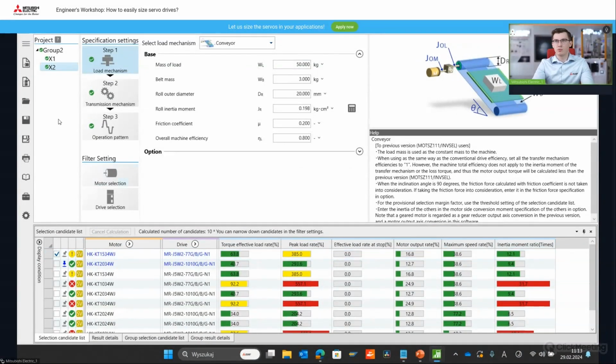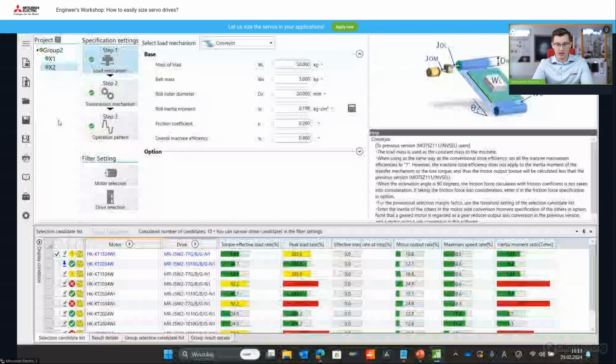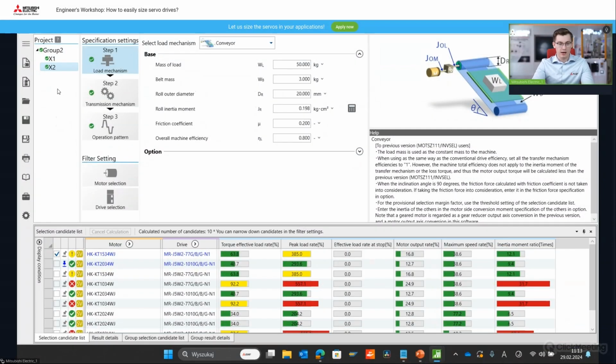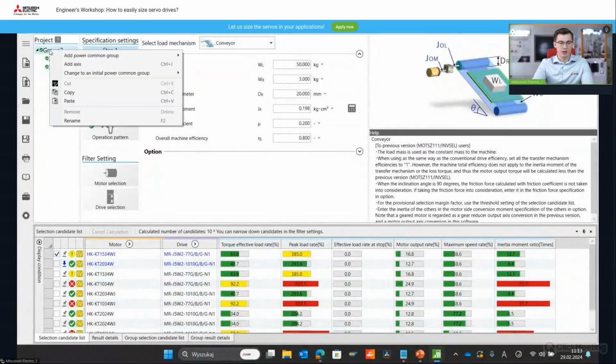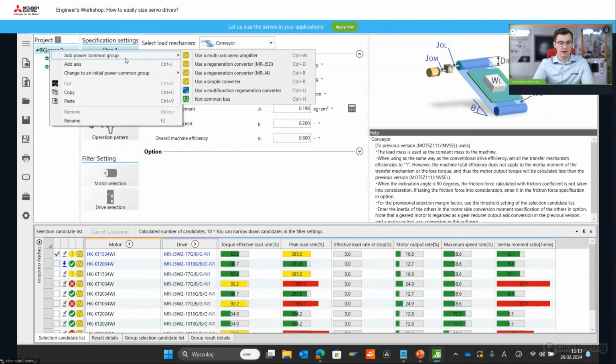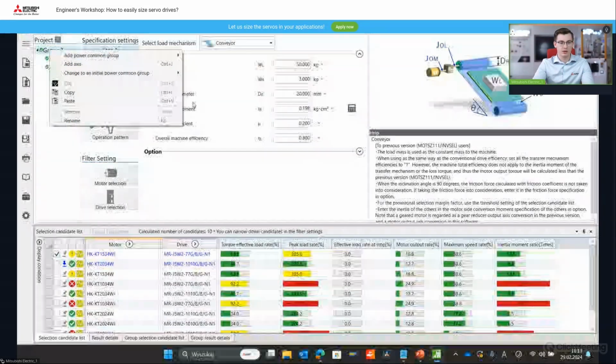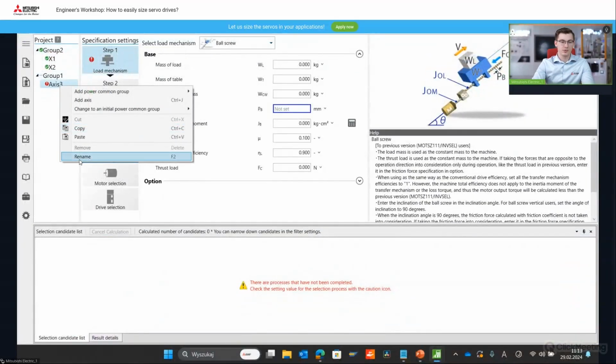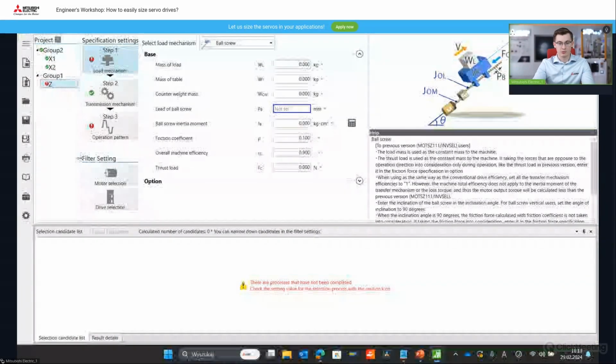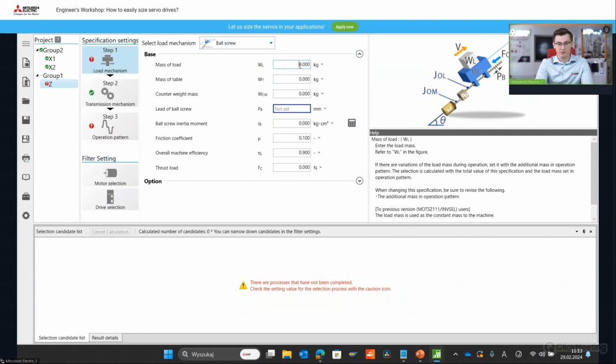Okay, so it is more than 1 hour, and I still have to select one axis. But let's say the selection of this axis will be very much the same. I will just add one amplifier, like not common pass, for example, one group, and this axis I will rename for Z. It will be the vertical axis on the ball screw, and without further details, the mass will be 40 kilograms.